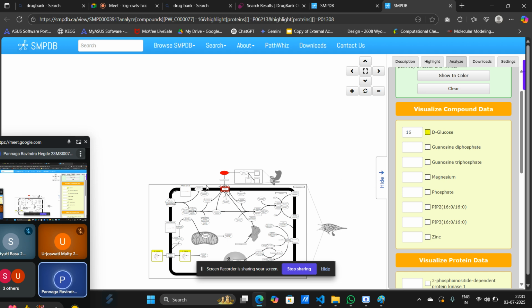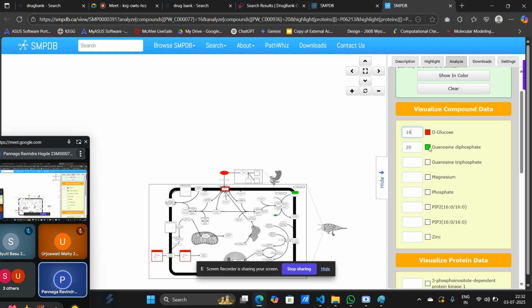So maybe whatever data it has, if it compares the 16 I have given as input with the concentration of other molecules present, it is medium, it is neither high nor low. If I just write 20 here, now suddenly the glucose concentration is represented in red color.